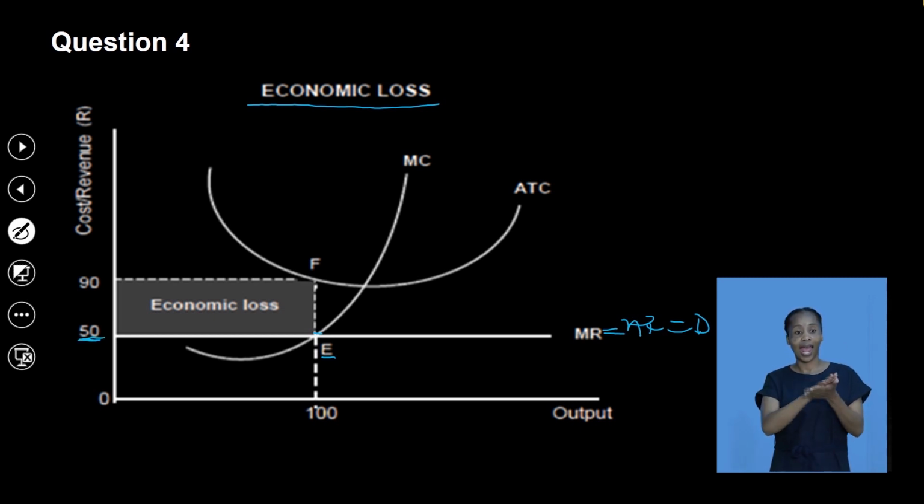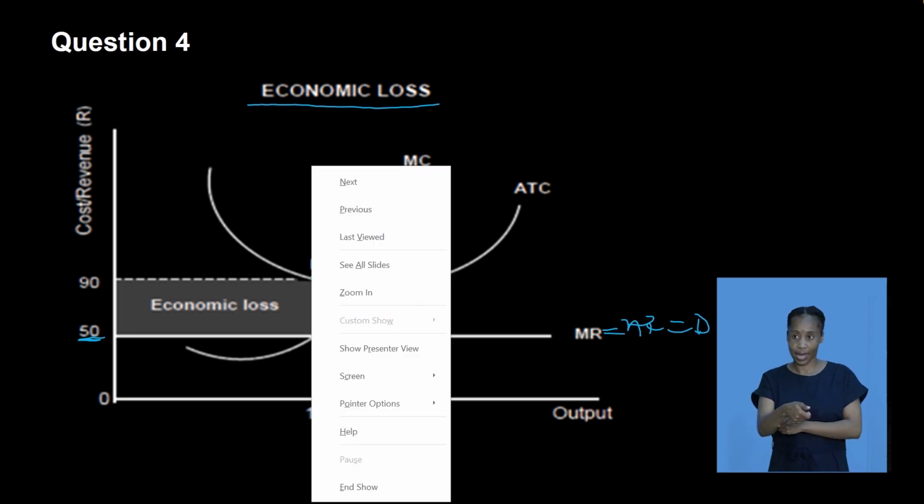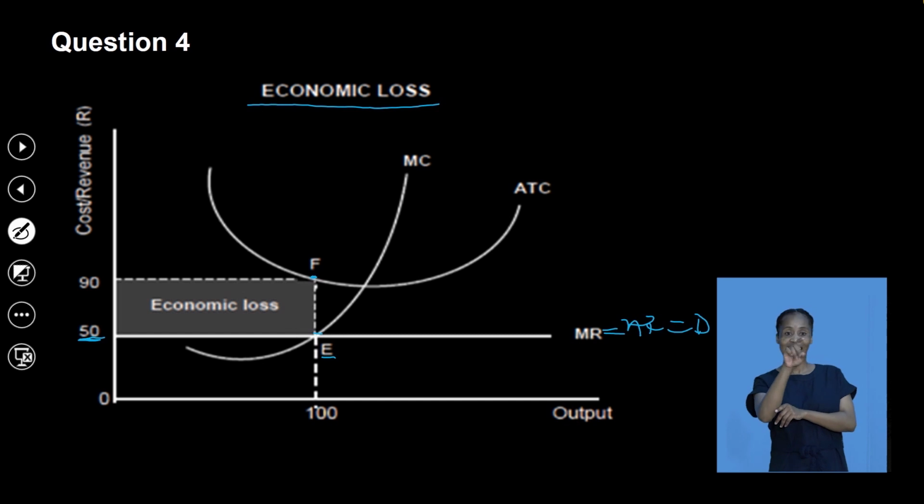This is our price, and where our profit maximization line touches our AC, that is our cost. So this is our price, this is our cost, and that's our quantity. That is typically our economic loss graph. Let's go look at the questions now.